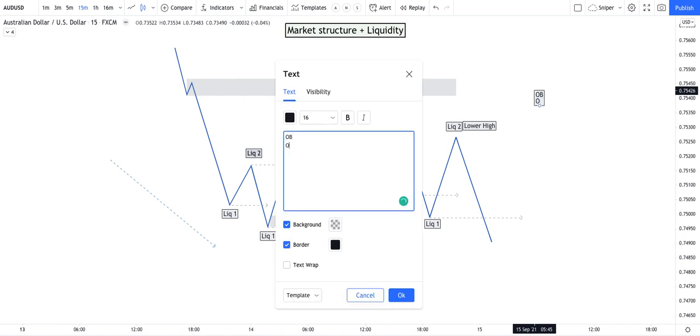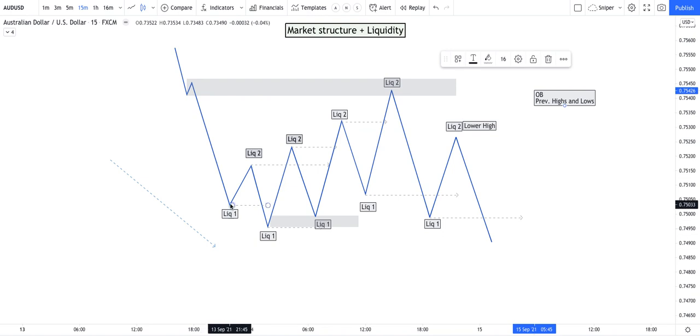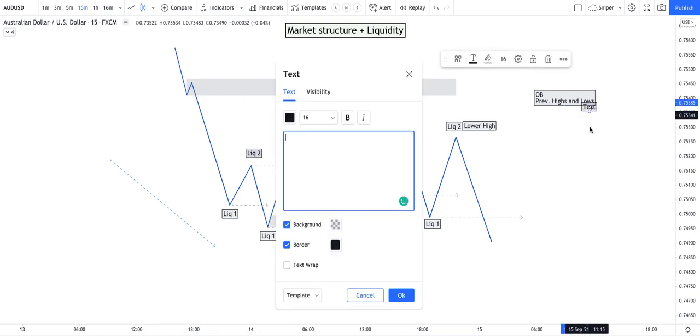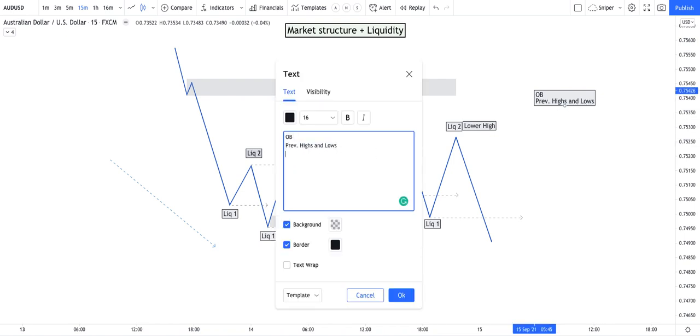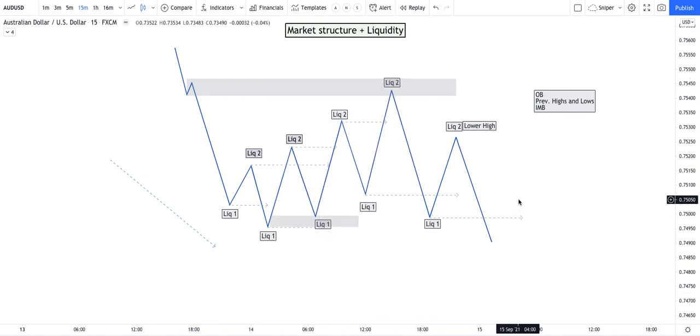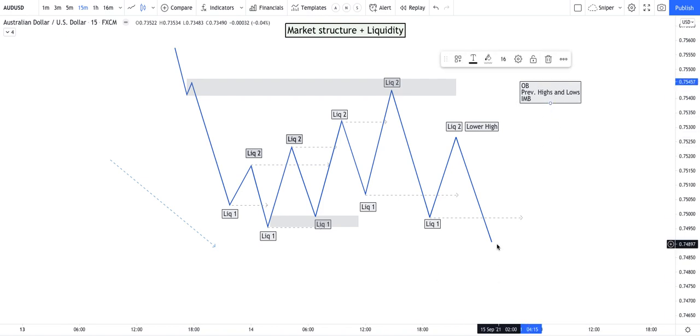We look at previous highs and lows, which are liquidity 1s and liquidity 2s. And then the last one is imbalances, IMB. That is for the next video, so don't worry too much about that.